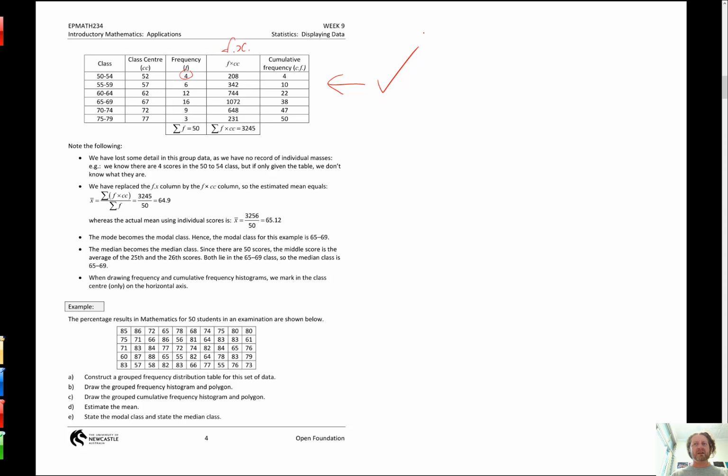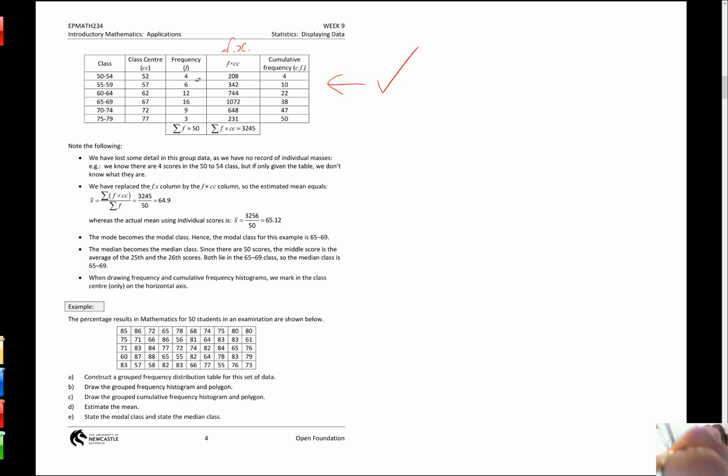In other words, maybe they weren't, but the average of them was in the middle. Maybe the 4 scores were a 50, a 51, a 53, and a 54. The average of those numbers is still 52. So if I'm going to pick any number as an assumption of what might have been the average in this class, it makes sense that it would be the central number of that class.